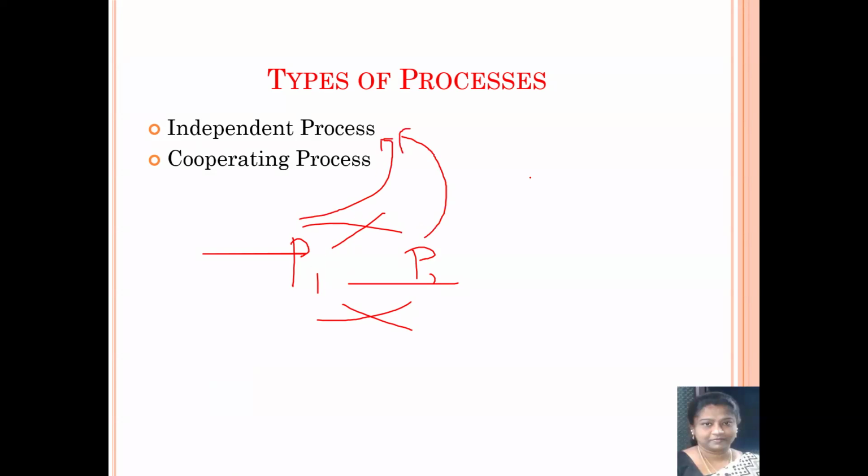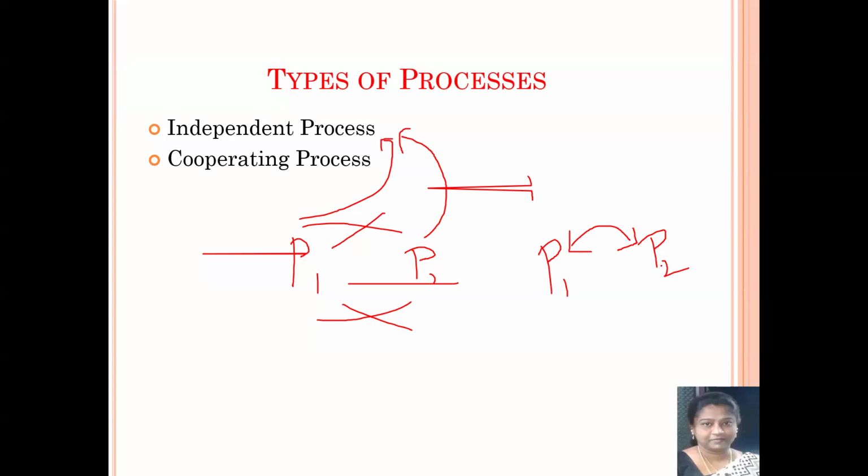Again, say for example, I take the same P1 and P2. Now, if P1's execution affects the execution of P2 and P2's execution affects the execution of P1, then I say P1 and P2 are dependent processes.